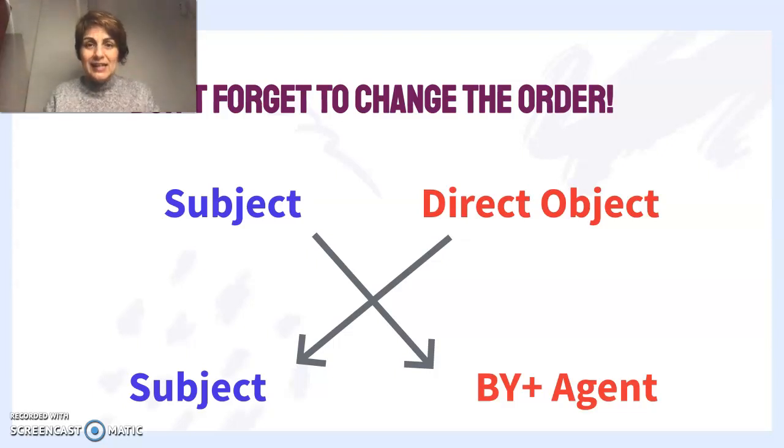So finally, it simply consists of changing the order, okay, and inserting the two conditions that we mentioned before. Remember, verb to be and past participle.